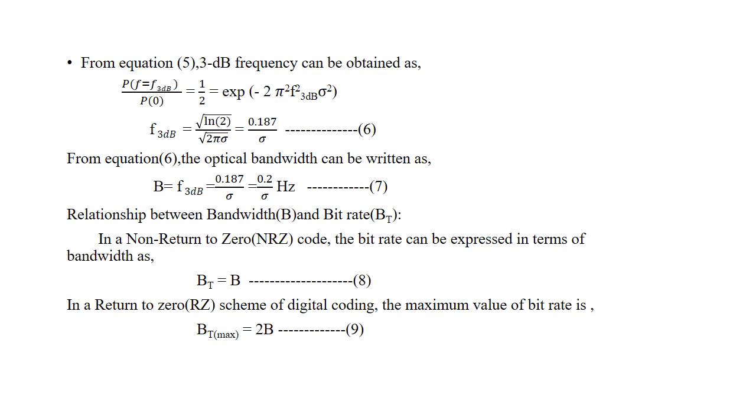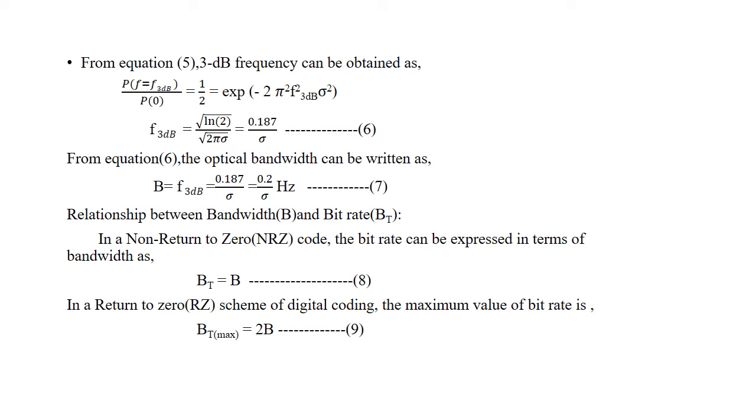From equation 5, the 3 decibel frequency can be obtained as P of f 3 decibel by P of 0, that is equal to 1 by 2, is equal to exponential of minus 2 pi squared f squared 3 decibel sigma squared. So f 3 decibel is equal to root of ln 2 by root of 2 pi sigma, that is equal to 0.187 divided by sigma. From equation 6, we can find the optical bandwidth, B is equal to f 3 decibel, that is equal to 0.187 divided by sigma, that is equal to 0.2 by sigma hertz.